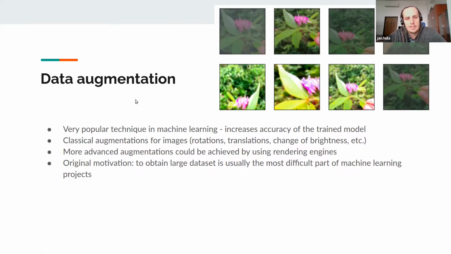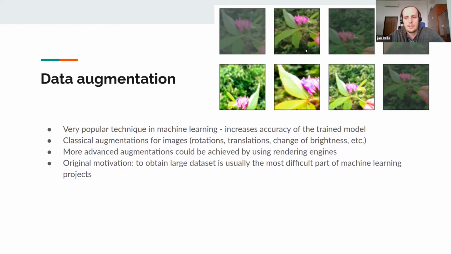And here, the first approach which I will be talking about is data augmentation. Data augmentation is a very popular technique in machine learning, which is often used to increase the accuracy of the trained model. It works by, you have some kind of symmetry, for example translation or rotation, and you enlarge the training set by applying this transformation to the inputs or to the training examples.